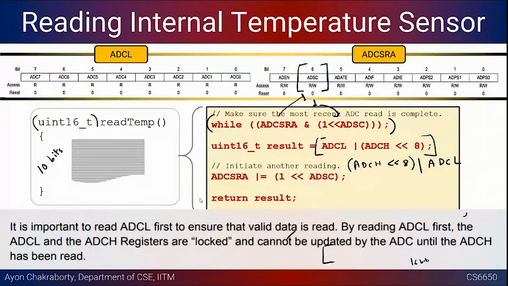But the point I'm mentioning this is, you have to be very scrupulous when you write this embedded code. All these small things you have to be careful about. If you miss this kind of thing, you might unknowingly introduce a bug. Simply you are reading something first and reading something later, but it is mentioned that if you read something, the other thing could be locked.